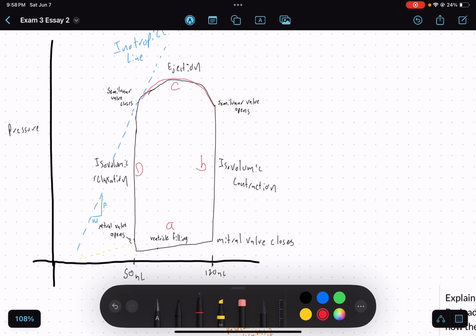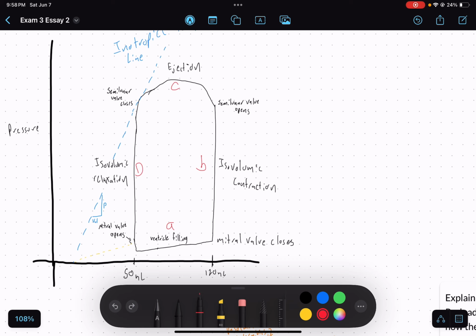Once the blood leaves enough, the semilunar valve will close, allowing the ventricle to relax, preparing for the filling, which is going to happen down here at this point where the mitral valve opens up and happens again. And usually you can build up enough pressure with 120 milliliters in the ventricle.